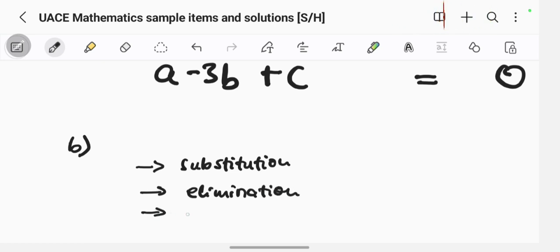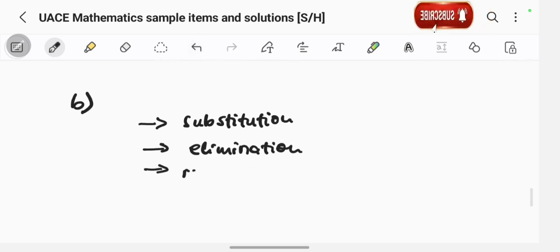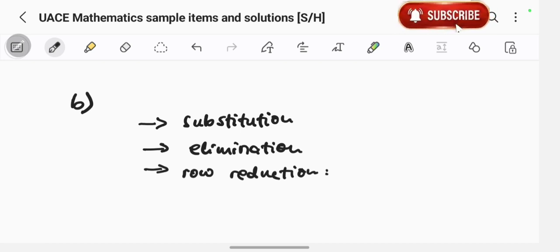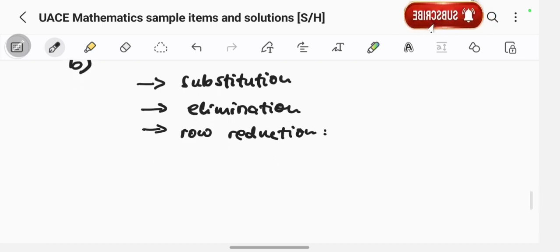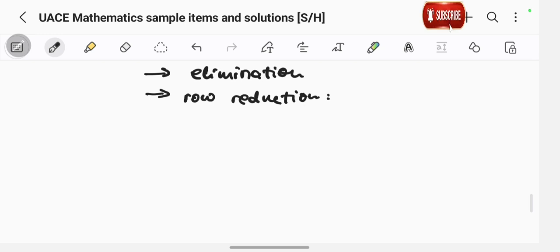Then the most puzzling one is row reduction, Echelon method. This one is puzzling, but today we have to deal with it. You never know, it may be number one you nab.